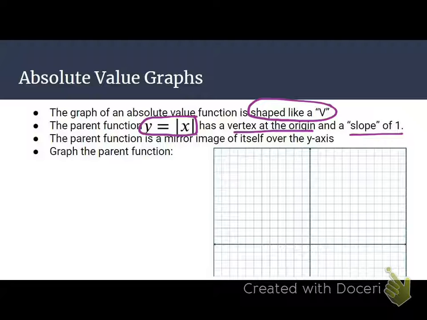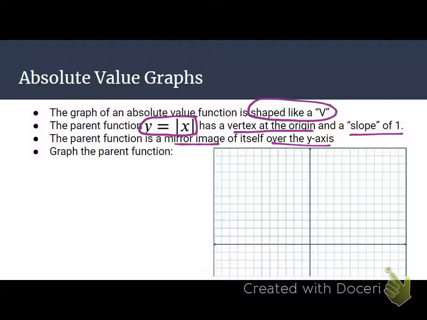So if you want to put that, it's going to be a mirror image over the y-axis. So let's go ahead and graph that parent function so we have a general idea of what these look like. And then in the next slides, we'll start changing it.